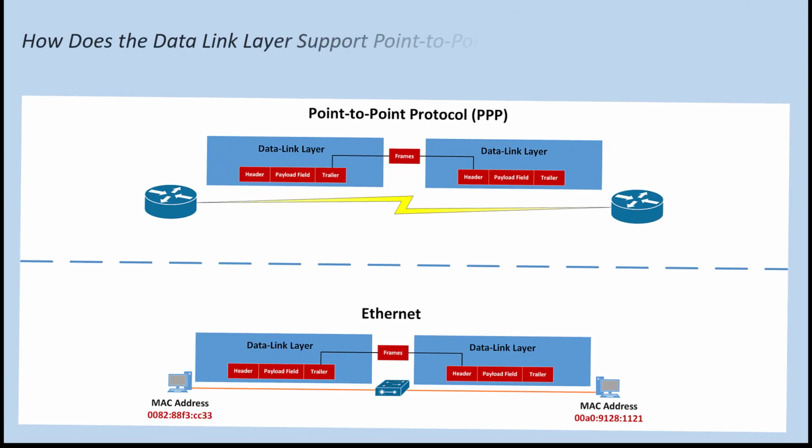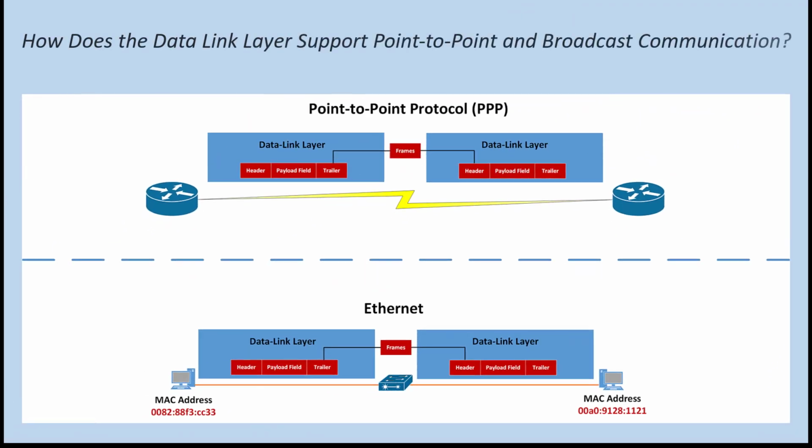How does the data link layer support point-to-point and broadcast communication? Imagine the data link layer as the expert coordinator of communication, handling two different types: one-on-one chats and group discussions.